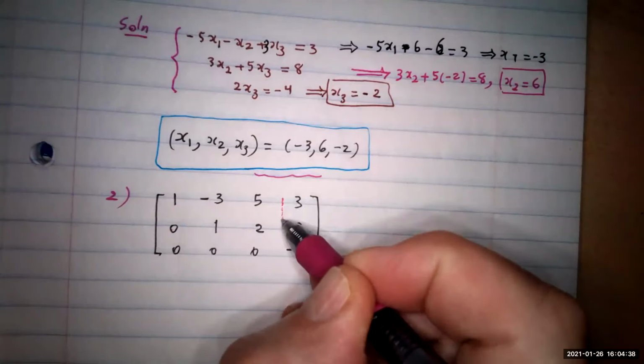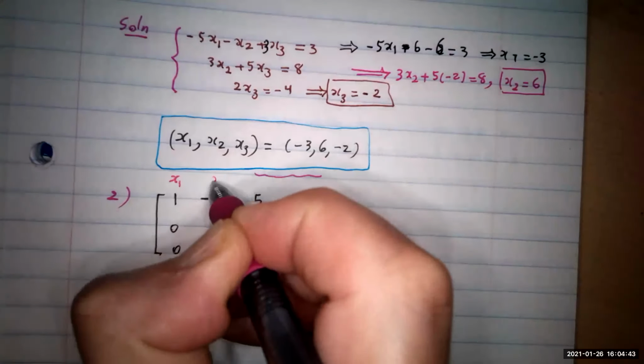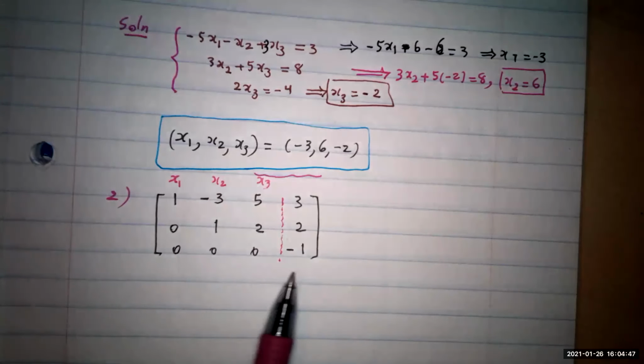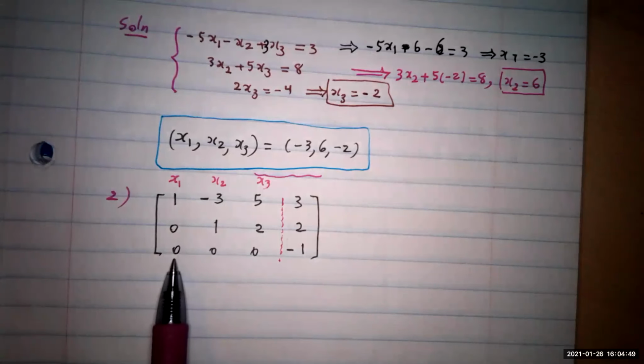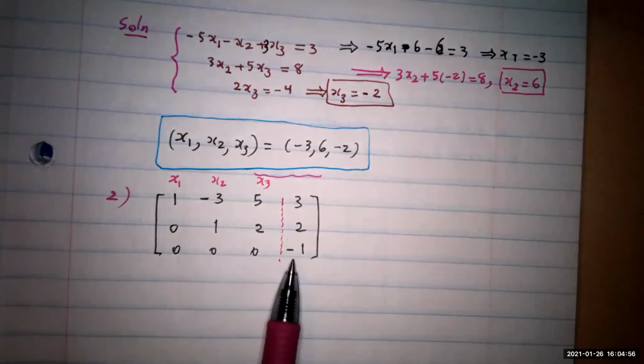Again, if you change it to the system, you realize that you are going to have 3 unknowns, x1, x2, and x3. But look at this last row here. You see this one? x1 is 0, x2 is 0, x3 is 0. So that gives you 0 equal to -1, which is impossible.